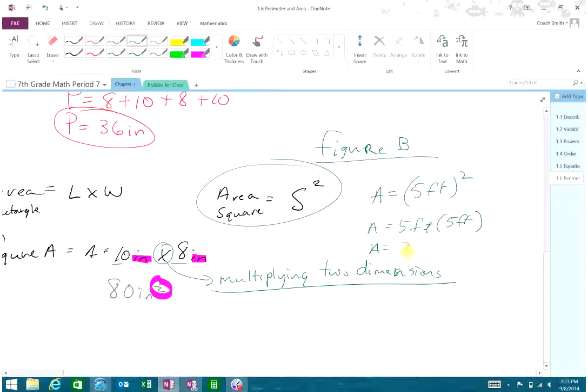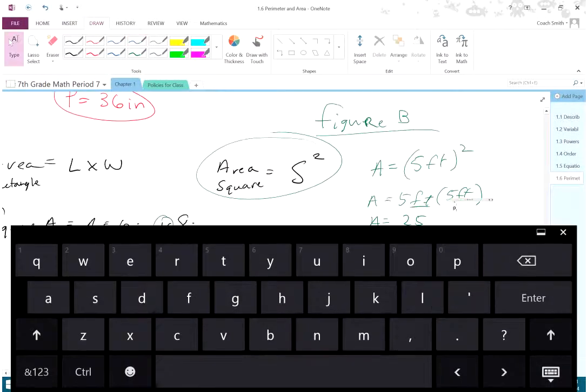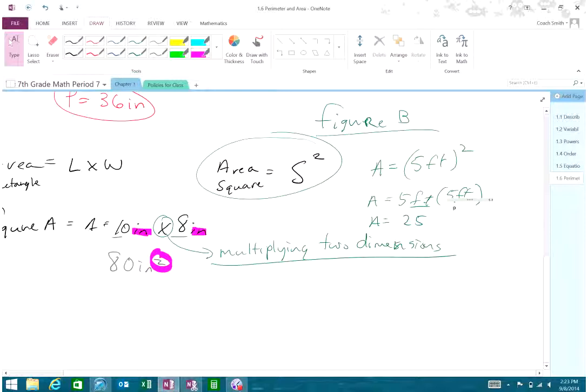So area is equal to 25, and I have 2 of the feet, so that's feet. Okay, so that's 2 of the feet, so I have to have feet squared. And that is your answer for the square.